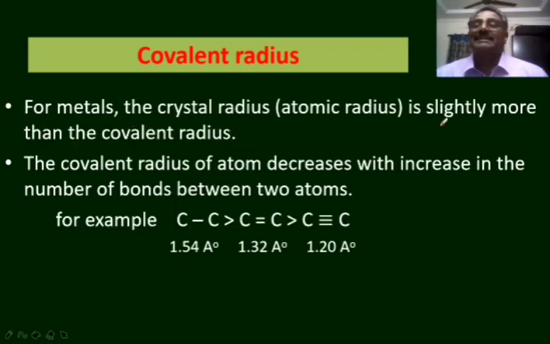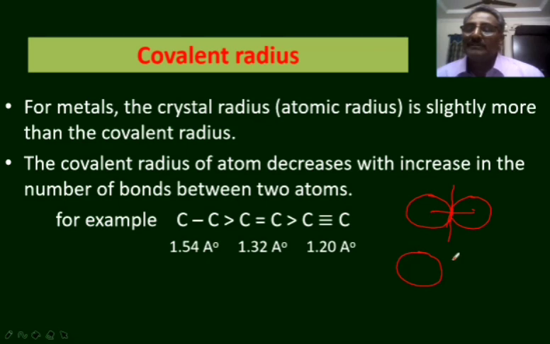For metals, the crystal radius is slightly more than the covalent radius. How is this crystal radius defined? In the definition of crystal radius, we consider that two atoms are just touching each other. Suppose these are the nuclei, this is the distance between the two atoms, and half of this distance is defined as the crystal radius. Whereas in the case of a covalent compound, some part of the atom is overlapped between two atoms like this.